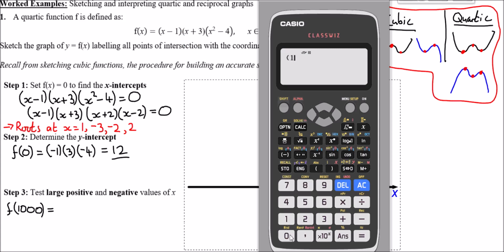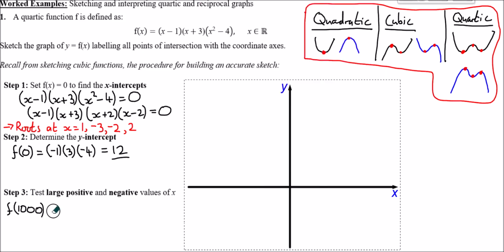So the first bracket becomes 1000 minus 1. Then we have 1000 plus 3. And finally we're going to have 1000 squared minus 4. So that's roughly 1 times 10 to the 12, okay? So that's absolutely enormous.